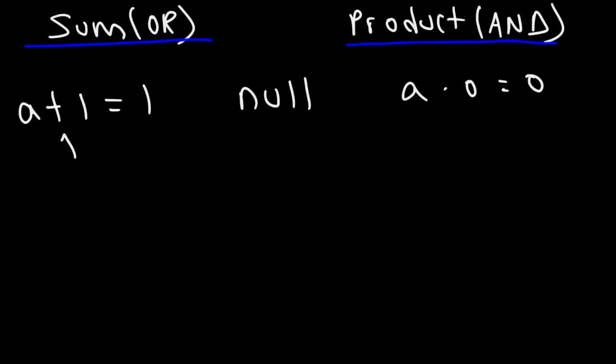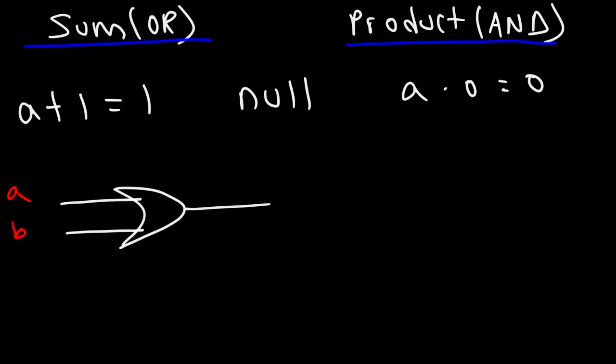So here we're dealing with the OR logic gate. So let's draw that. Now we're going to have two inputs, A and B. But B, we're going to say is always equal to 1. Now the output will be A plus B. Now let's make a truth table.